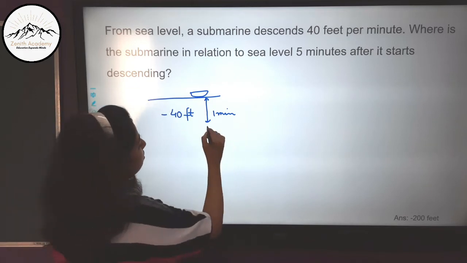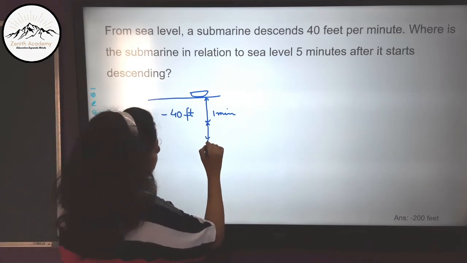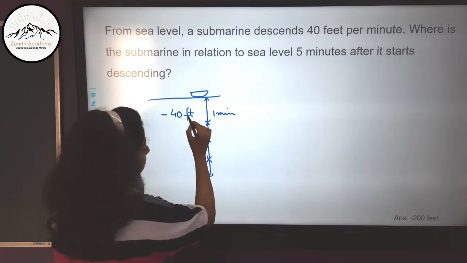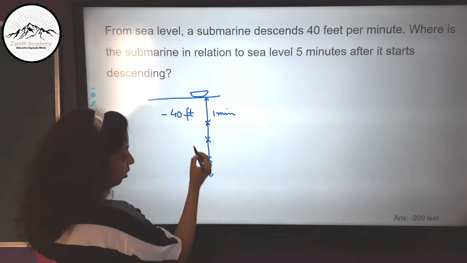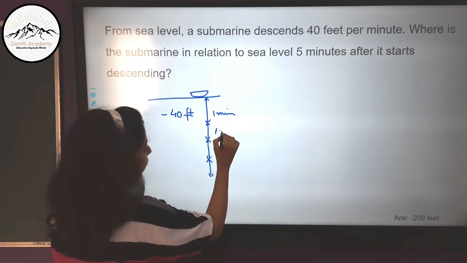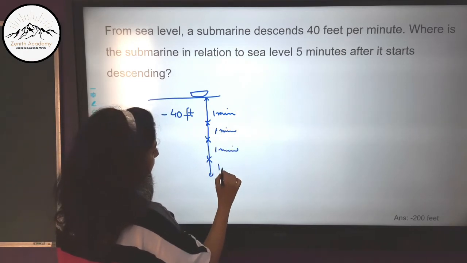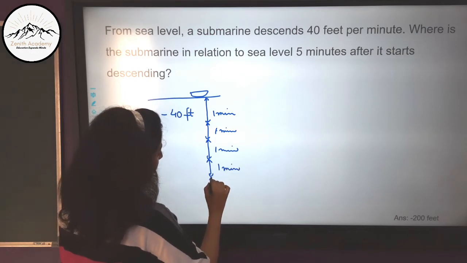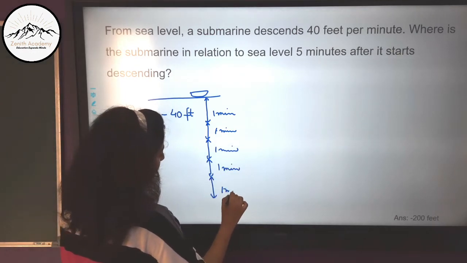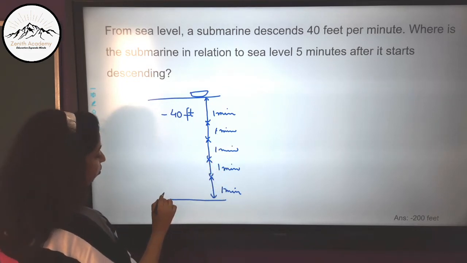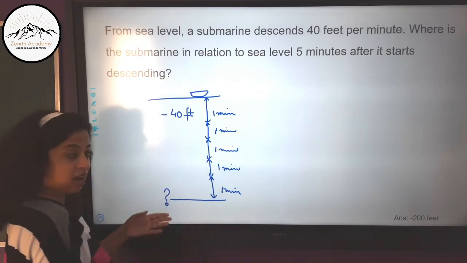Now, it is asking in 5 minutes where it will be. So, in 1 minute, it is 40 feet down. In another 1 minute, more 40 feet. So if you take for 5, so 1, 2, 3, 4, 5. In 5 minutes, where will the submarine be? They are asking the location.